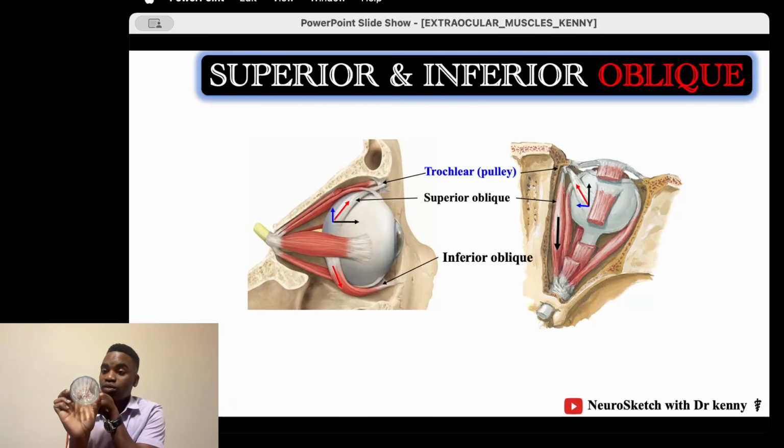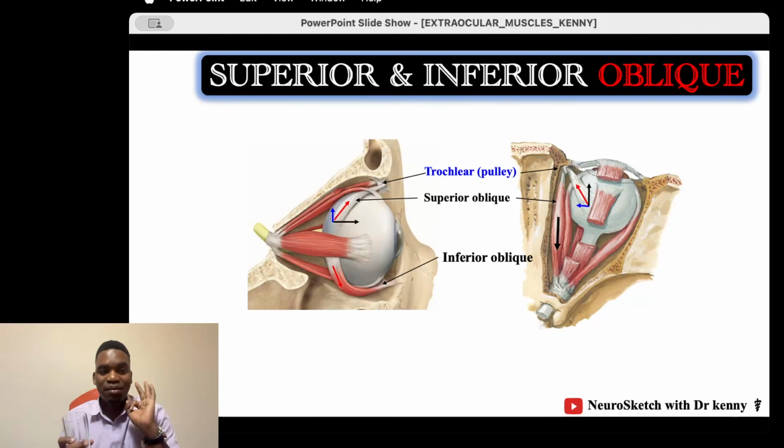But because we are pulling this side down, the eyeball will elevate. So number one, it will laterally rotate, that is extorsion, and then it will elevate. And because it's inserted on this side and we are pulling towards this side, it will have a little bit of abduction.